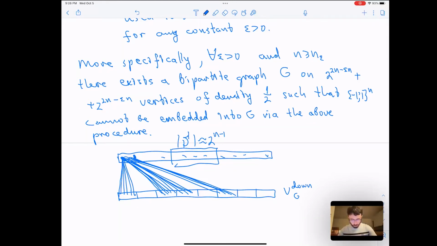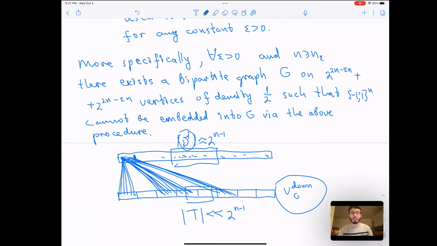Then no matter how this set is chosen, for most n-tuples of vertices from the set S, their set of common neighbors will be confined within a subset T of the lower half. Subset T of size much less than 2 to the n minus 1.